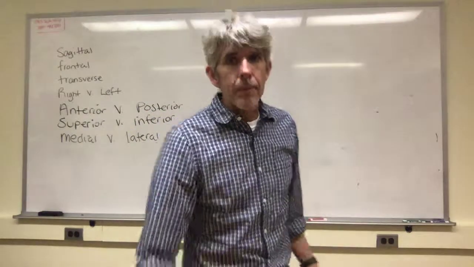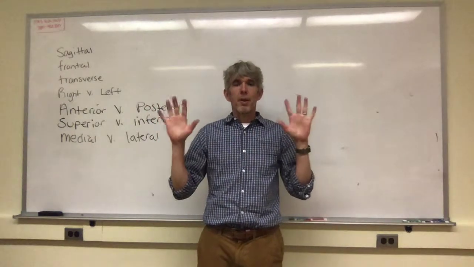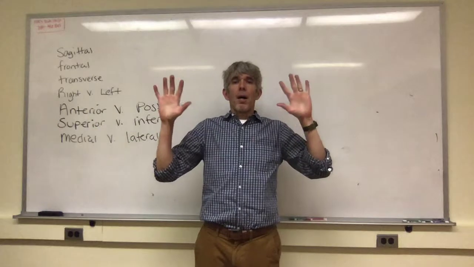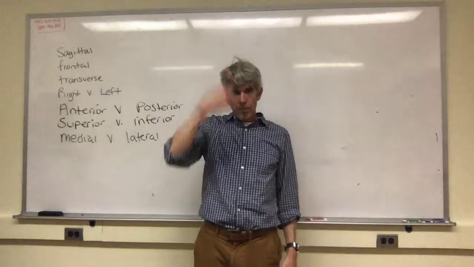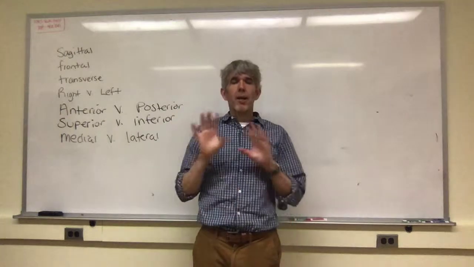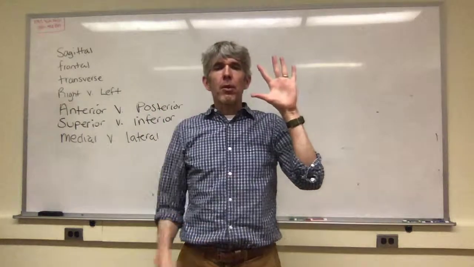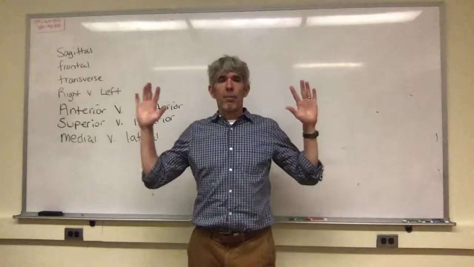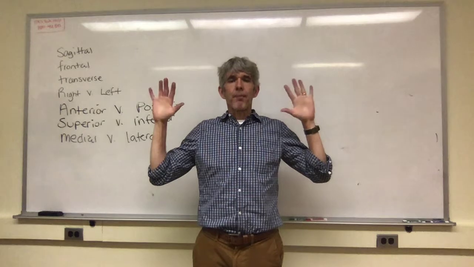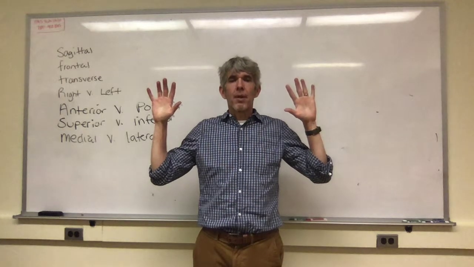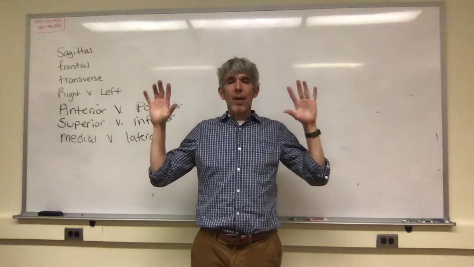Super importantly, here's where anatomical position comes in with the limbs. Given that medial is toward the mid-sagittal plane, and lateral is away from that mid-sagittal plane, which is medial, my thumb or my pinky? A lot of students will say the thumb is medial, and that is incorrect.